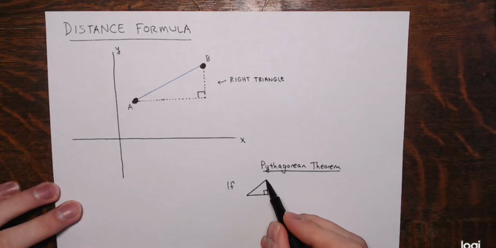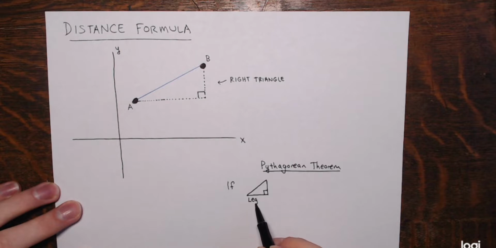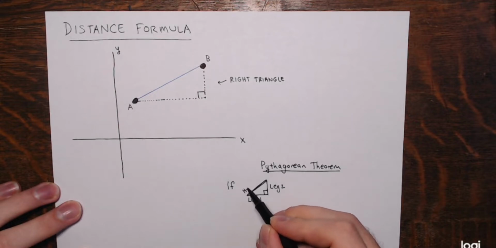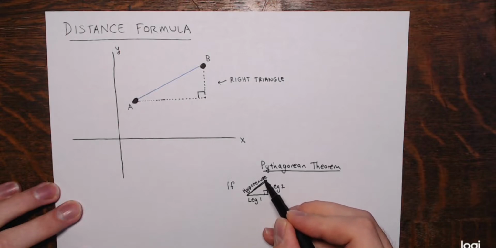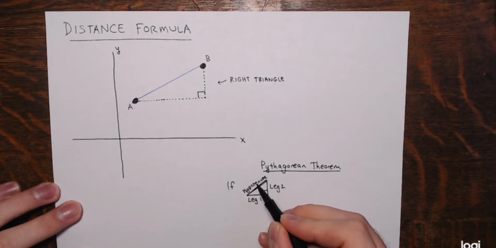The two sides that form the right angle are called legs. So let's say this is leg 1 and this is leg 2. And the side that's opposite the right angle, the longest side of the triangle, is called the hypotenuse.